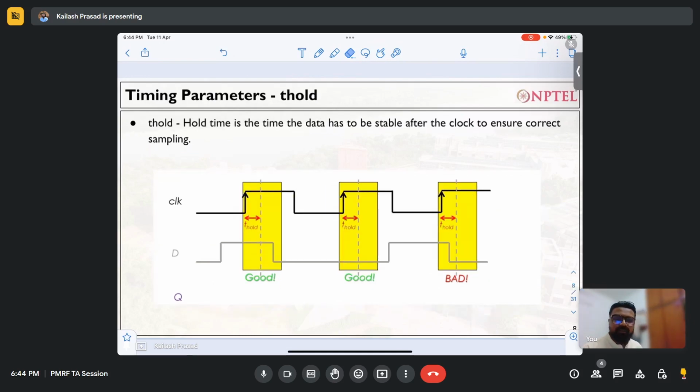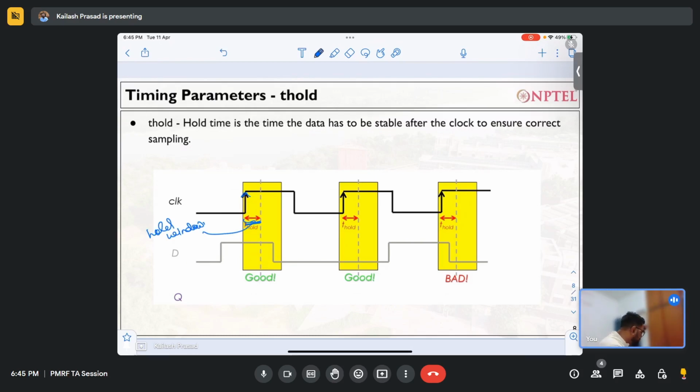Now moving to the hold time. After the clock edge comes, the data should be stable through this hold window. Similarly, just like the setup window, we have a hold window, so data should be stable after this. This is an important thing.